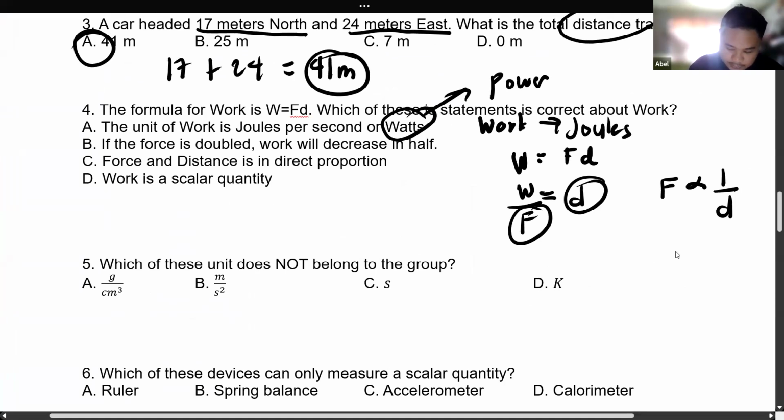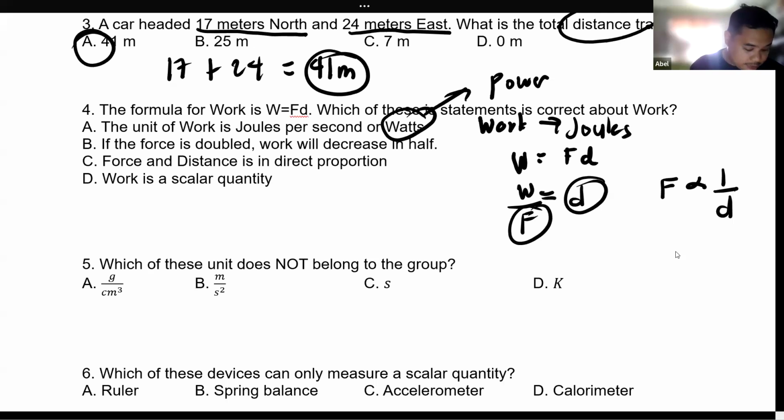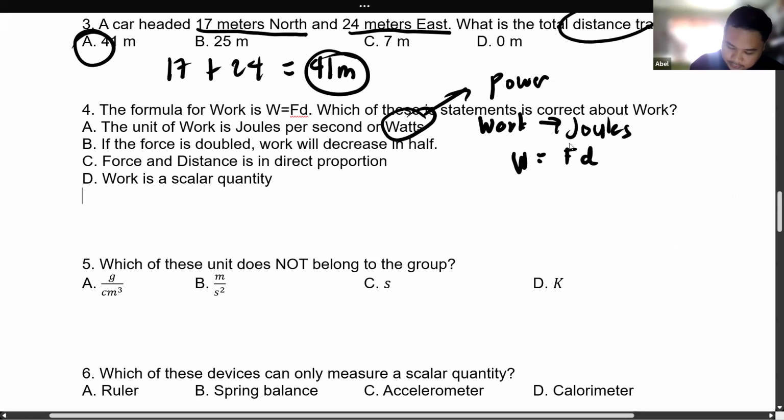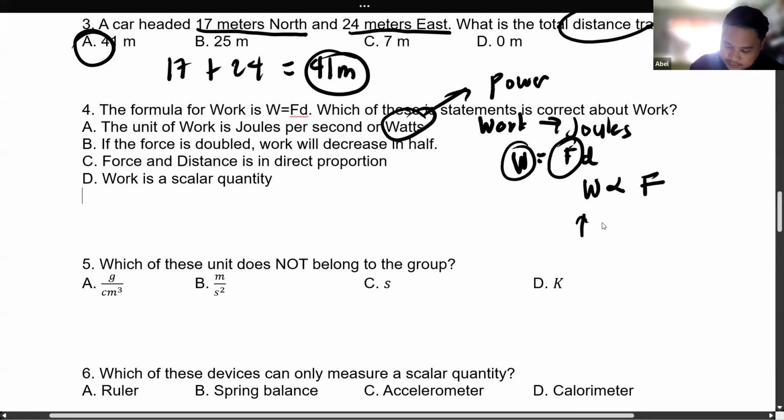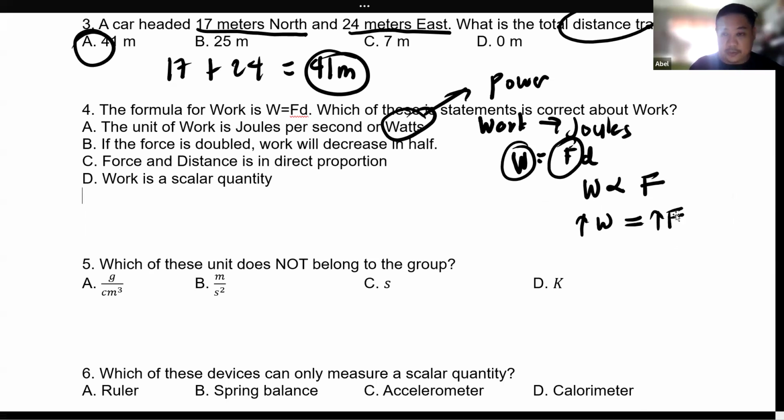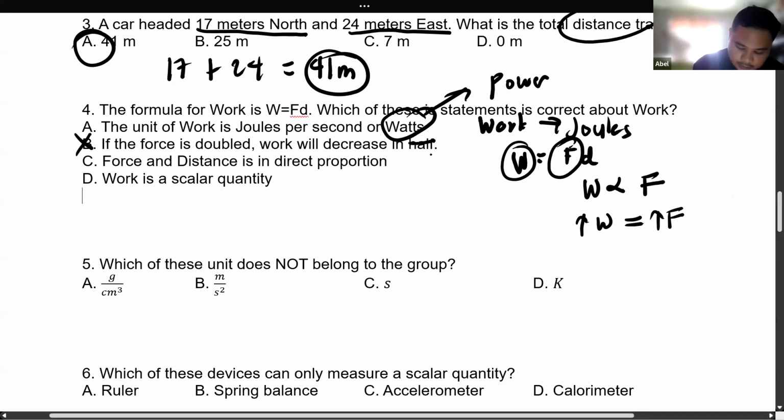Okay, so actually, let me just correct this one. It's not force and D, but rather we're looking for the relationship between work and force. So if you look at force and work, work is directly proportional to force. So meaning to say, increasing the work will also increase the force, or doubling the work will also double the force. So letter B is wrong, since it should also be doubled.